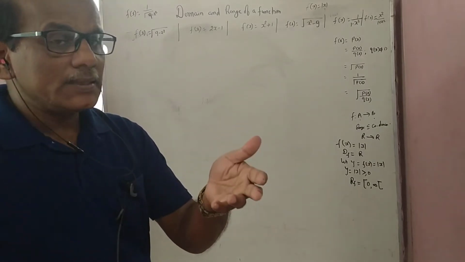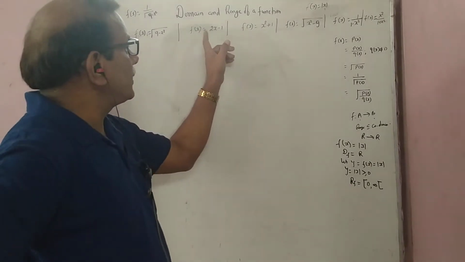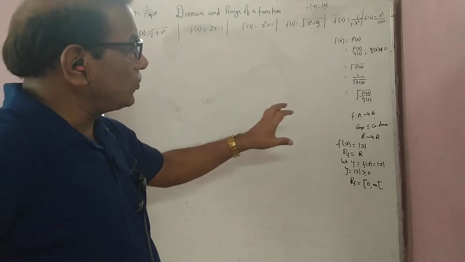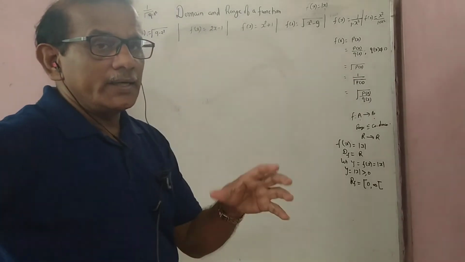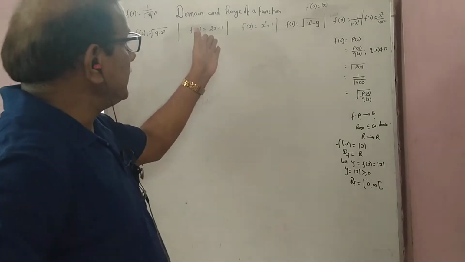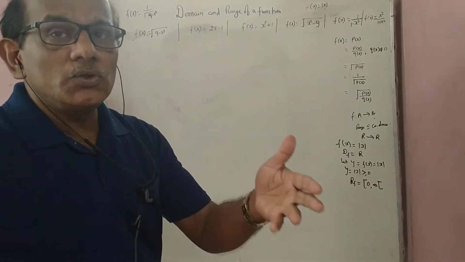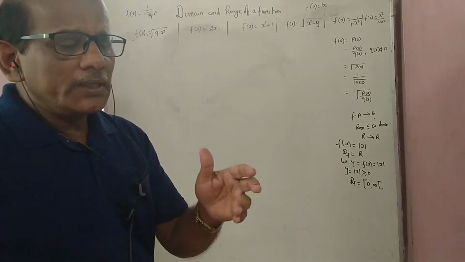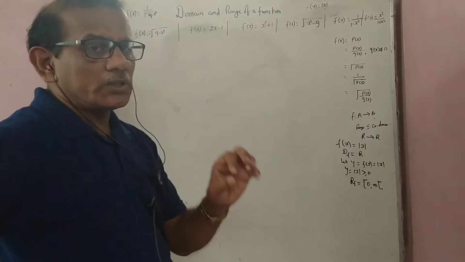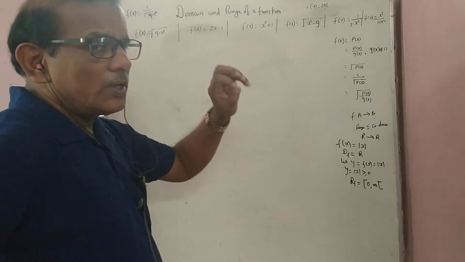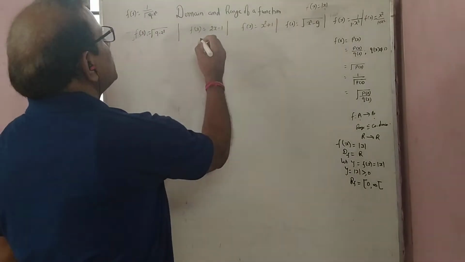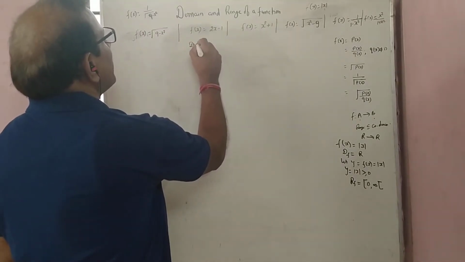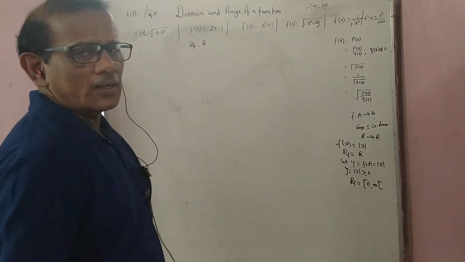You get this when there is a root sign, since inside the root cannot be negative, or if it is in rational form, then the denominator can't be 0. Neither is it rational nor is there a root sign, so this function will be defined for every real value of x. So the domain of f is R, any real number.